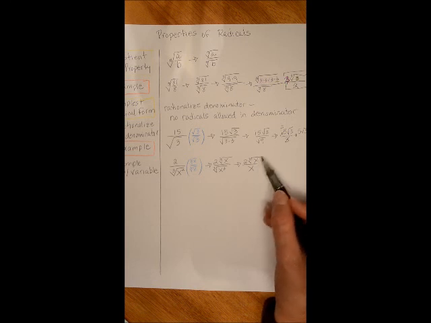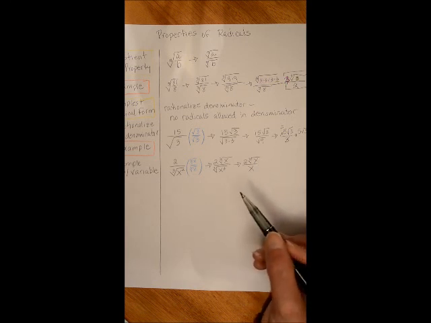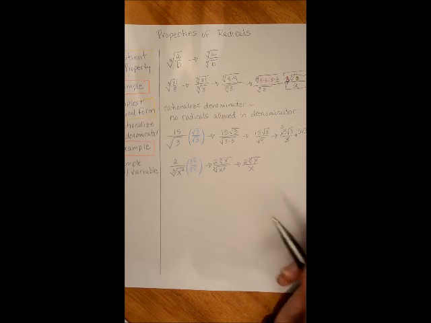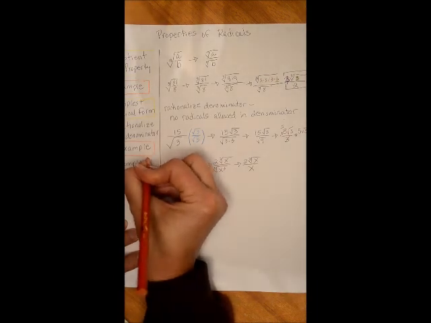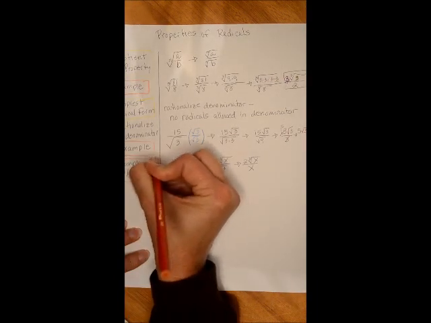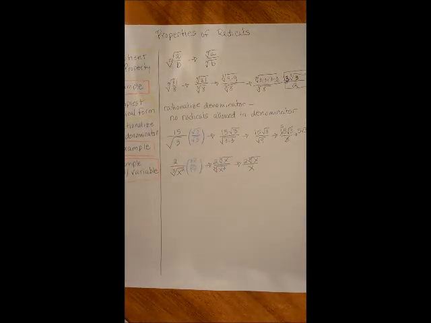They cannot be reduced. Only time you can reduce is if they are both under the radical sign. Okay, so you always want to check for that first. So here's an example with a variable.